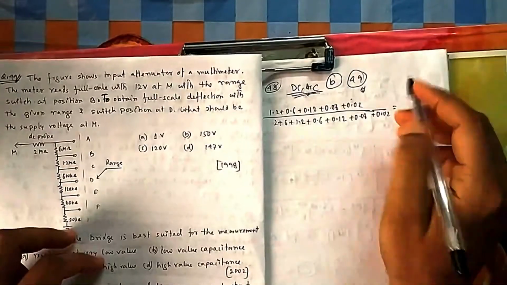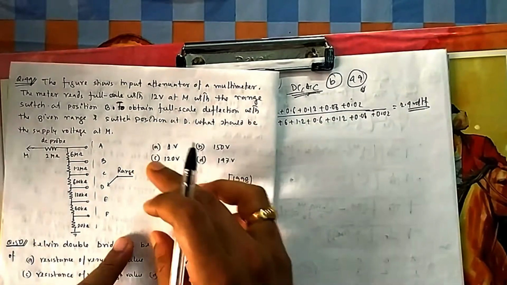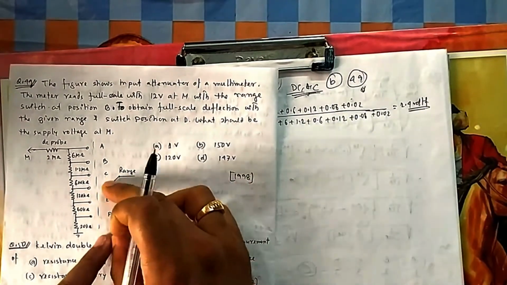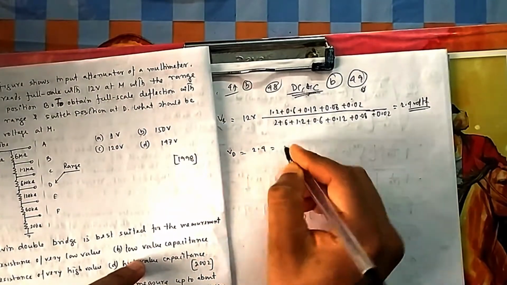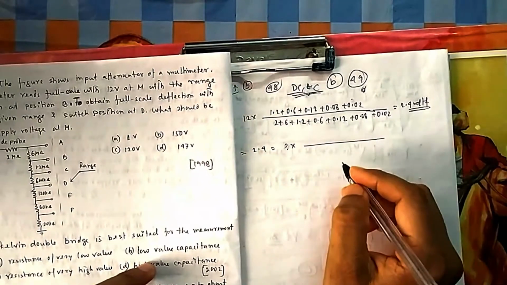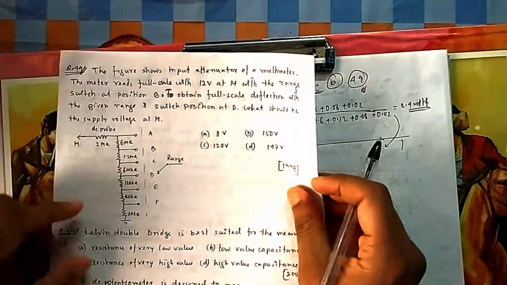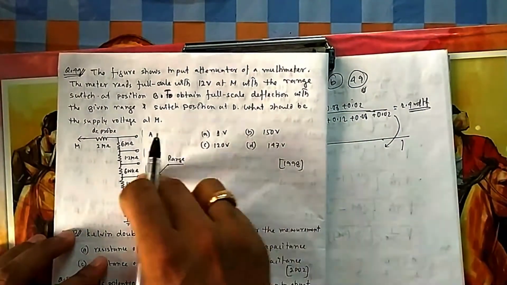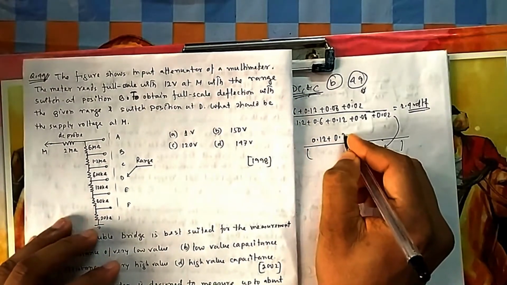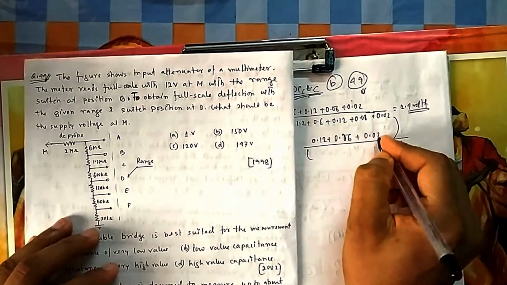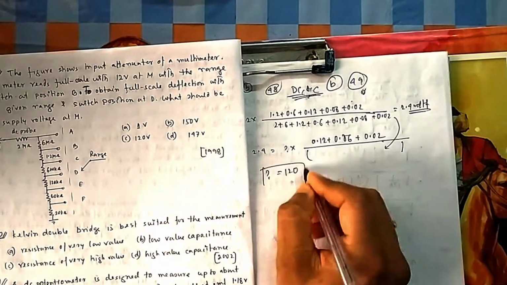If you do that, it will come around 2.4 volt. So I got the idea: if I get 2.4 on this side, that will give me full deflection. At D you need full deflection, so your voltage at VD should be equal to 2.4. So what should be your input voltage so that it comes? The denominator is the same because it is voltage division. The numerator will change, because only this much voltage it will get. So it will be 0.12 plus 0.06 plus 0.02 divided by the same thing. If you do this, you will find it is equal to 120. So that is your answer.